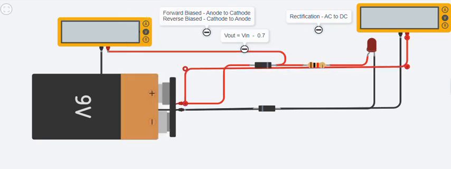So you can see the input is 8.99, almost 9 volts. Then the output is 8.41. Do you get it? Yes. So in reality, this will be something around 8.4, 8.3 or so.